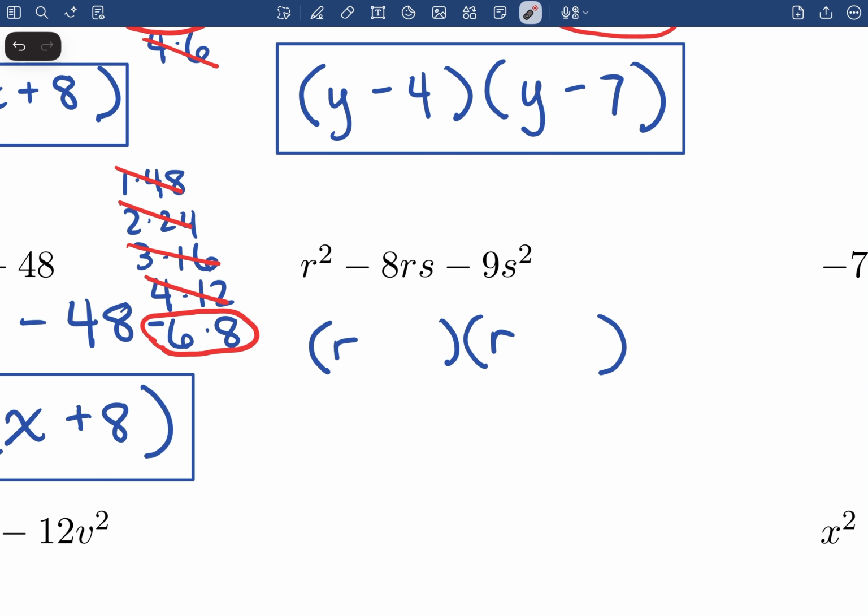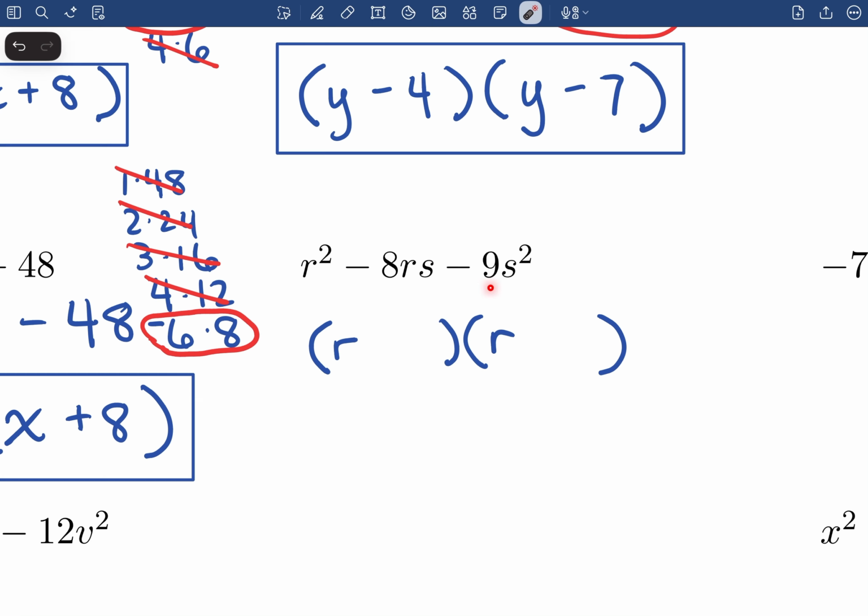And so I need to find some values that multiply to make negative 9s, but sum to make negative 8rs.